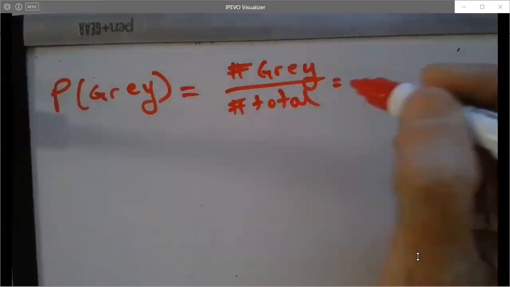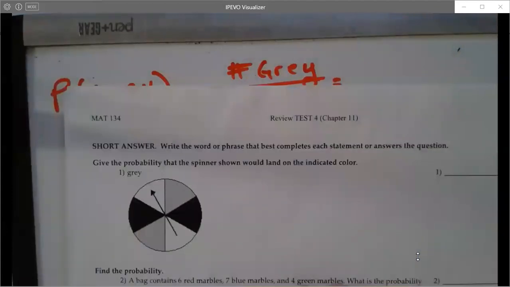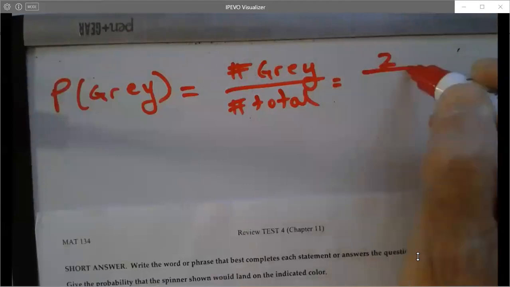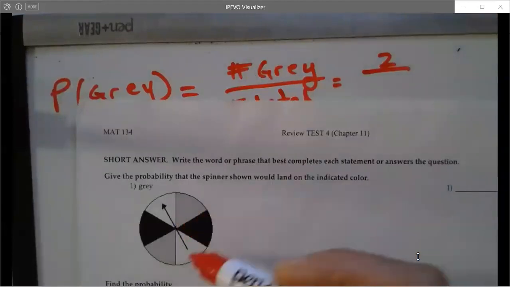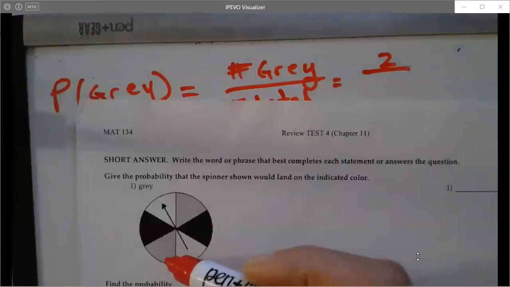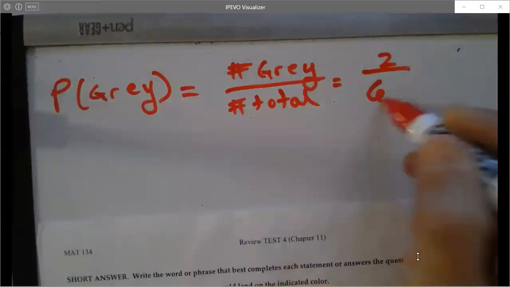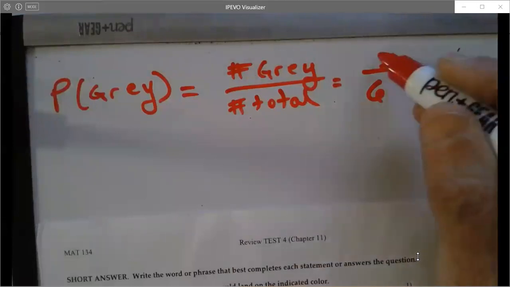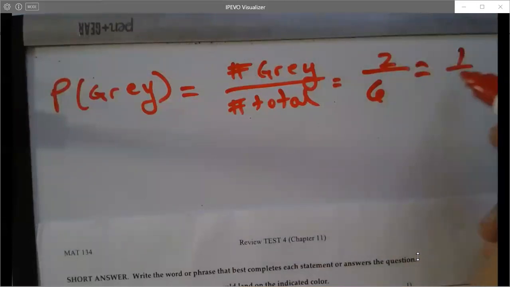If you look on here, there's 2 gray spaces, so that would be 2 over the total. There's 3 and 3, so that's 6. Then you simplify. 2 can go into 6, and we get 1/3.